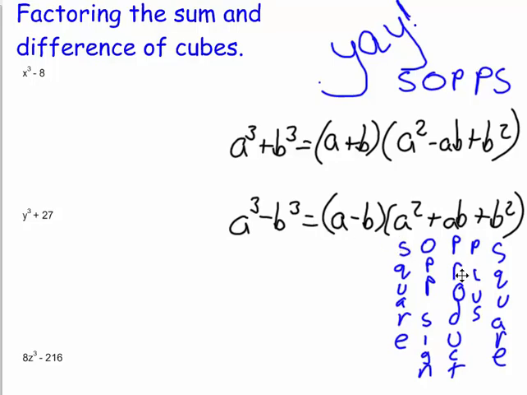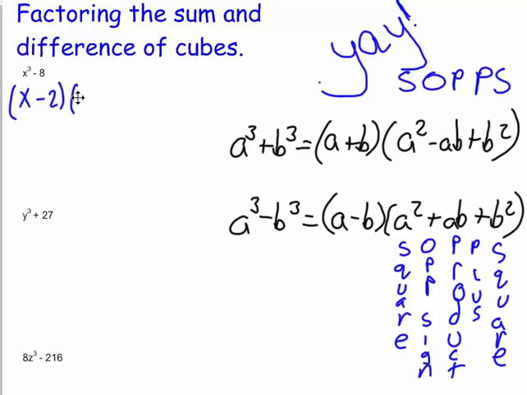Easy enough. So let's use SOPPS right now with one of the examples we have here. So x cubed minus 8. I know that 8 is a perfect cube, and the cube root of 8 is 2, so it becomes x minus 2. Remember that first binomial is always pretty straightforward. And now for the next one, let's use SOPPS. So I square the first term.